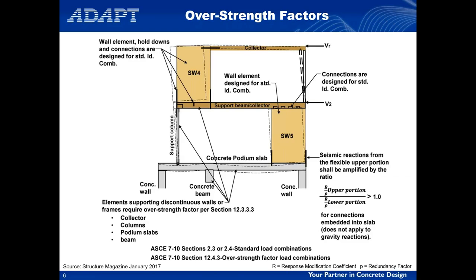The only thing I want to highlight here is that you need to look at the various response modification coefficients and redundancy factors for the type of superstructure, and determine when it's appropriate to apply the overstrength factors. In our case, we're not going to go into those details, but just want to make the audience aware of the fact that that's something that needs to be reviewed and considered for some of the components.